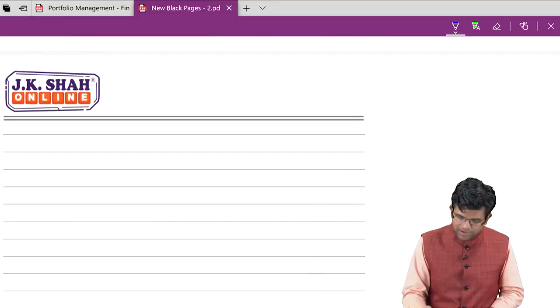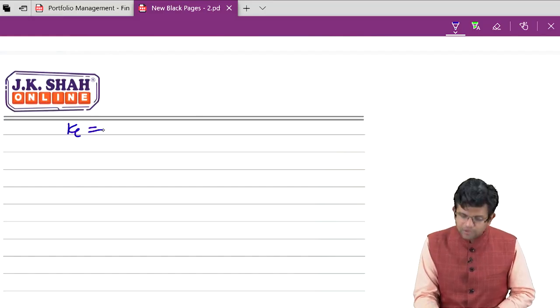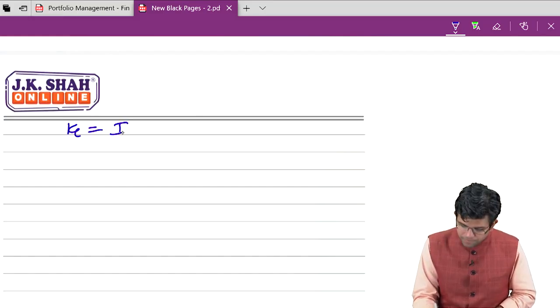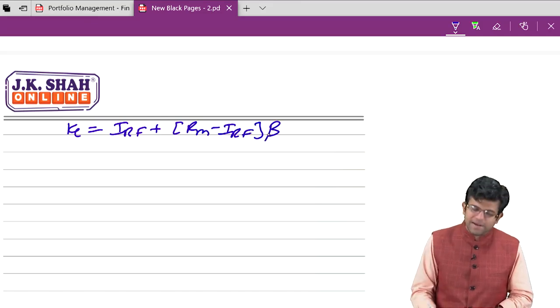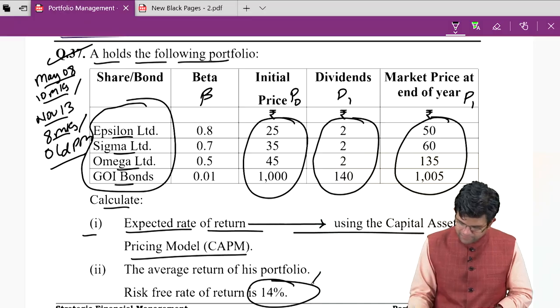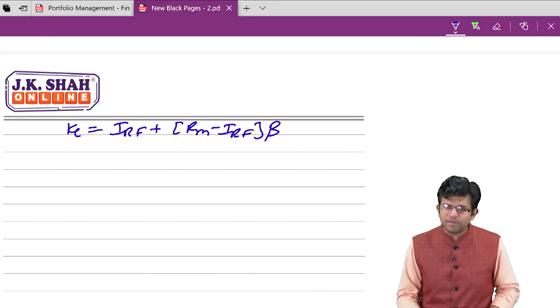Now we can go ahead and calculate KE for each of the 4 stocks. Students, what is the formula of KE? KE is equal to IRF plus RM minus IRF into beta, correct? The IRF we already have is 14% and RM we just calculated was 26.33%.